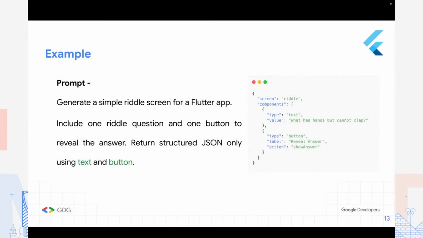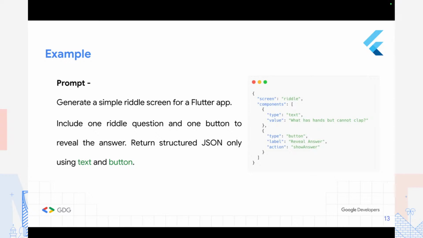Now let us understand with an example here. I'm going to write a prompt and say, generate a simple riddle screen for a Flutter app. Include one riddle question and one button to reveal the answer, and return structured JSON only using text and button. So I have three sentences here, and I have clearly defined what exactly I want in the JSON.